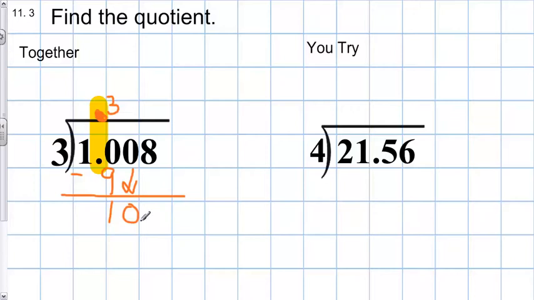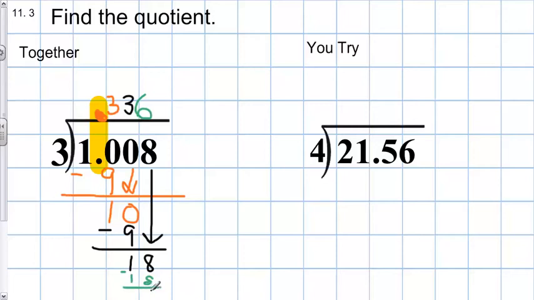So now I'm thinking, how many times does 3 go into 10? We just answered that, 3 times. I'm going to subtract 9 again. I'm going to have 1, and this time I'm going to bring my 8 all the way down. How many times does 3 go into 18? 3 goes into 18 6 times. 3 times 6 is 18.